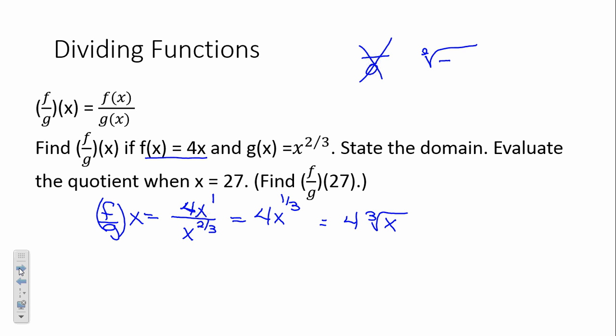Are we dividing? Yep. What would make that 0? What would make our denominator 0? Cube root of x squared. Is this an even power?